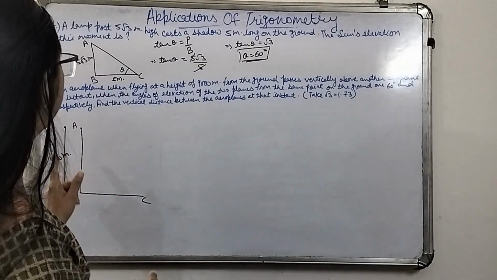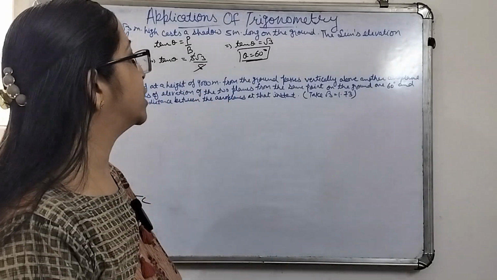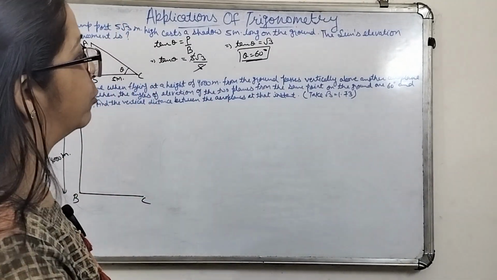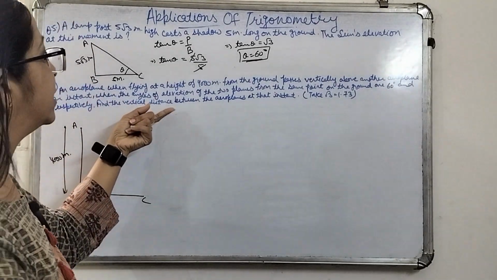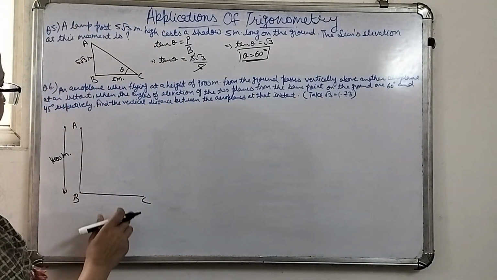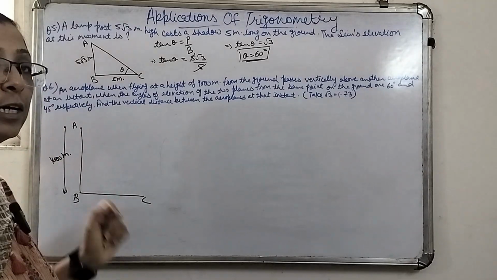This is the height, AB is 4000 meter. When the angles of elevation of the two planes from the same point, suppose this is the point, on the ground are 60 degree and 45 degree respectively, find the vertical distance between the aeroplanes at that instant. So what is given to us is that one of the aeroplanes is over here, at a height of 4000 meter.